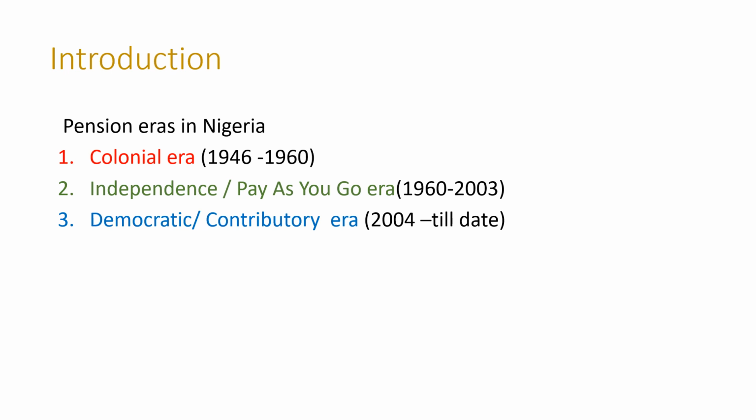Several schemes came on board after the National Provident Fund scheme in 1961, for example, the Pension Act number 102 of 1979, the Armed Forces Pension Act number 103 of 1979, the Police and Other Government Agency Pension Act number 75 of 1987, the Local Government Pension Edict of 1987, and the National Social Insurance Trust Fund Scheme of Decree number 73 of 1993.